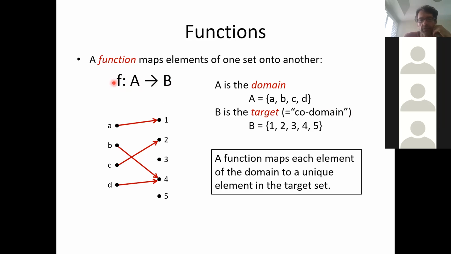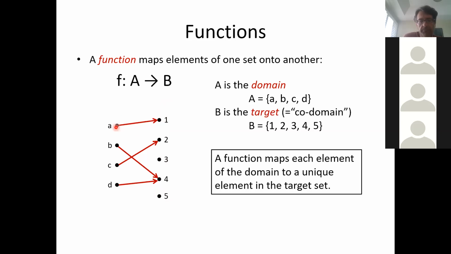And a function is a correspondence that for every element of A, it assigns to that element some value in set B. So here is a graphic way to represent a function. If I have a finite set A, in this case a set of 4 elements, A, B, C, D, and a finite codomain of five elements, 1, 2, 3, 4, 5.